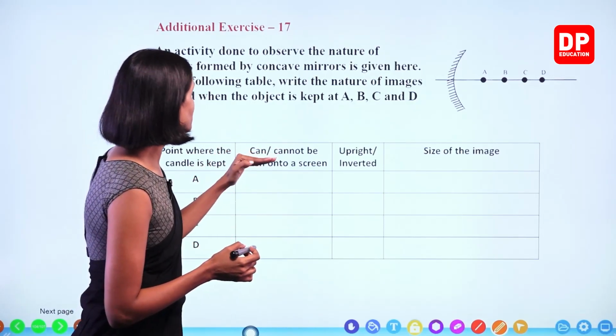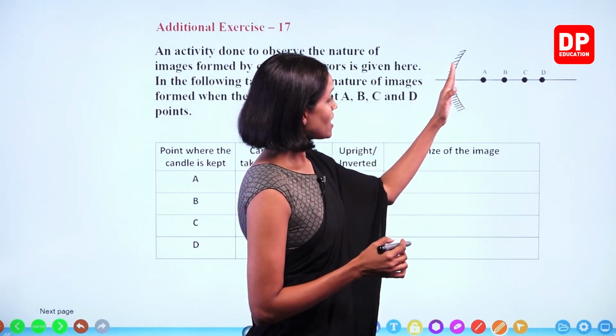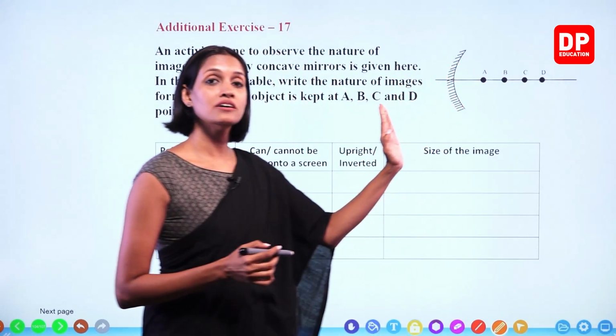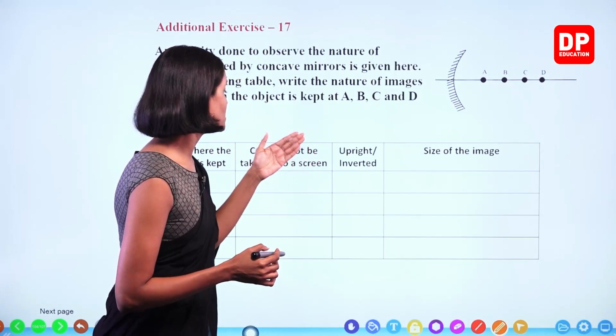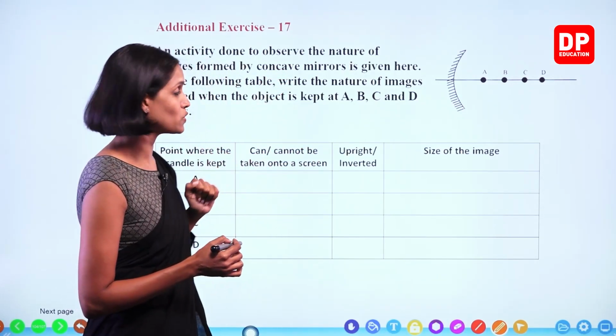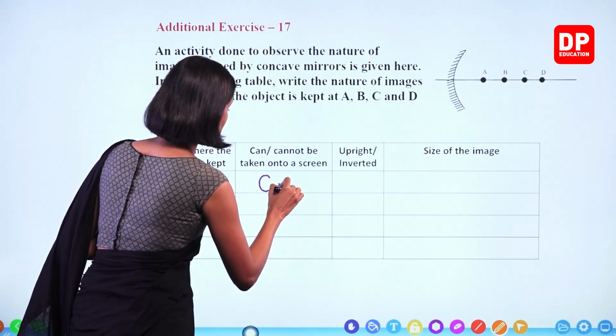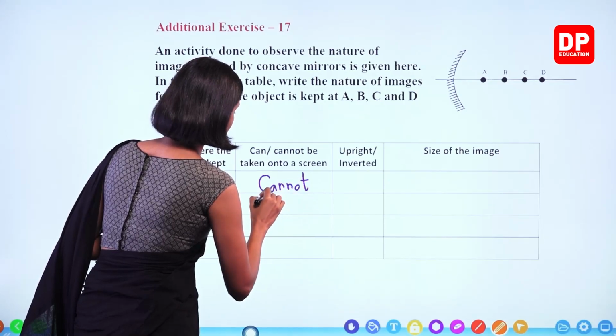So, the point where the candle is kept: A, B, C, D. Can or cannot be taken onto a screen. When the object is placed close at A, close to the mirror, what happens, children? It cannot be taken onto a screen, and in all the other instances, it can be taken onto a screen, right? So here, cannot, here, can.